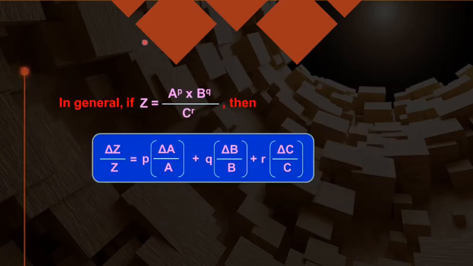Now if I have more than one or two quantities with me, then again you simply have to remember this formula. Power is to be taken in multiplication, and then you write the relative error in the first quantity, then you write the power for the second quantity and the relative error of the second quantity. Whether the quantity is in multiplication or in division, all these errors are to be added.